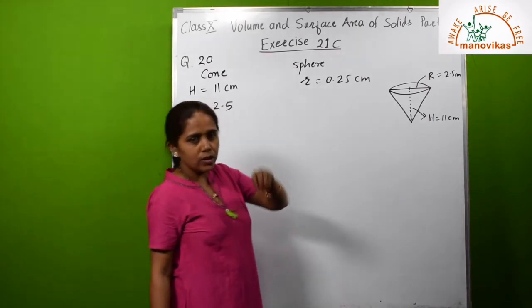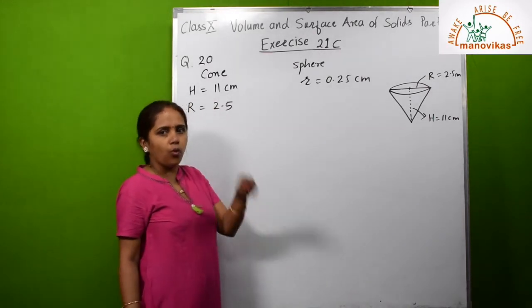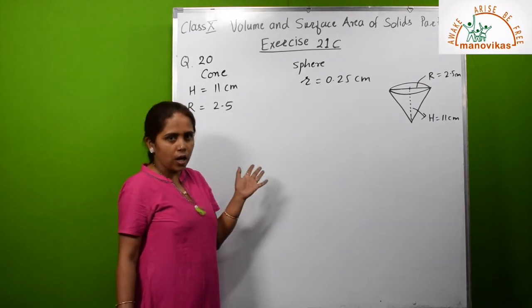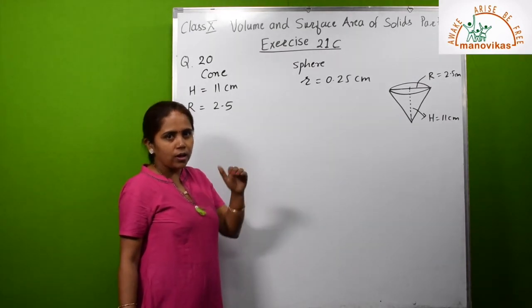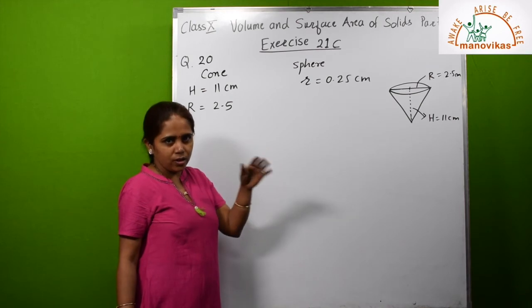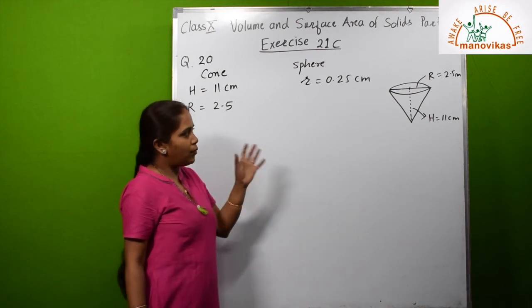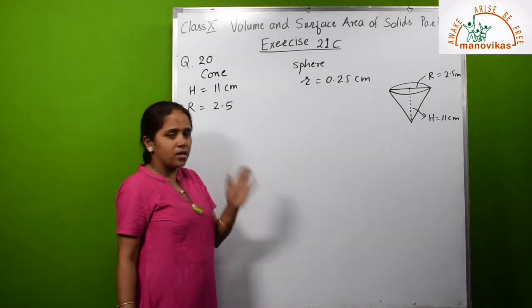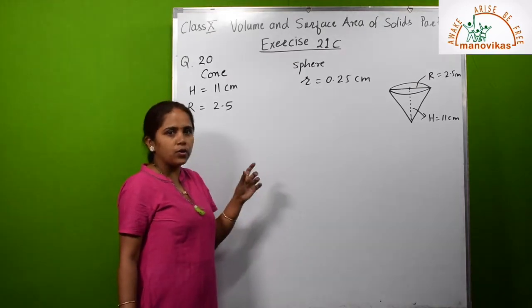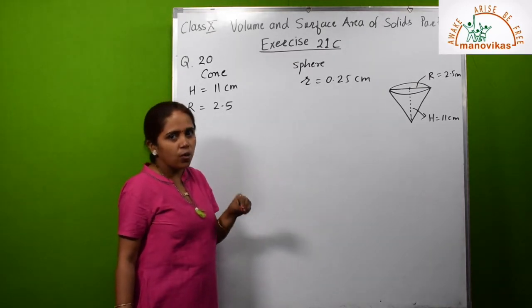When one solid is dropped into the water, then water flows out or the water level increases by a volume, and that volume is nothing but the volume of the solid which is dropped in water.